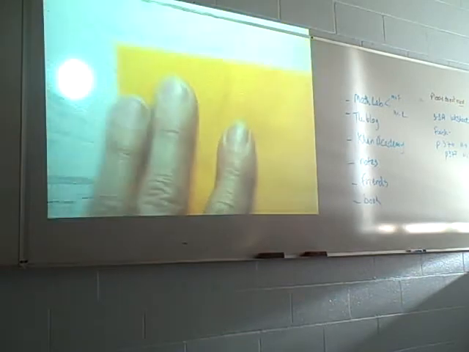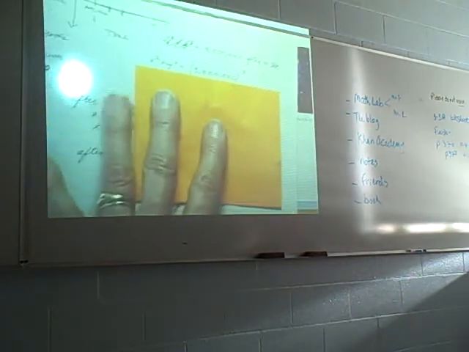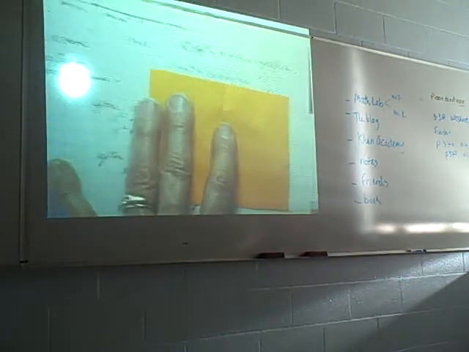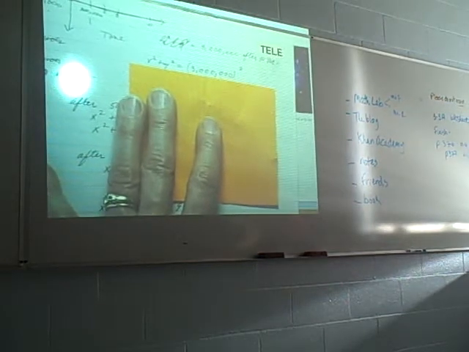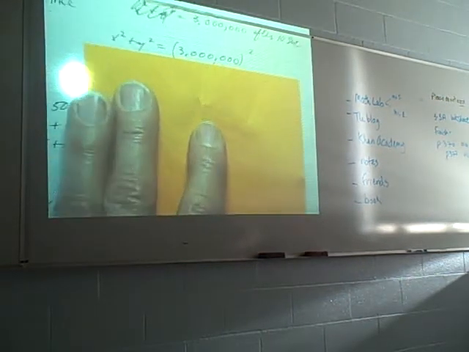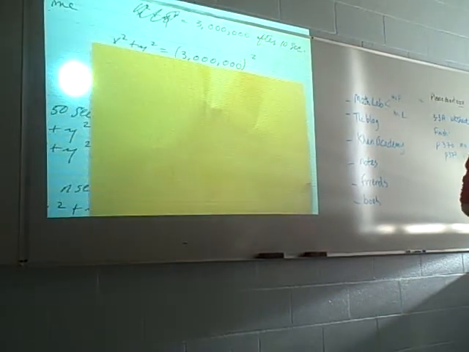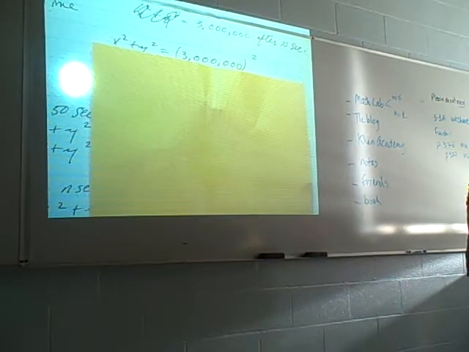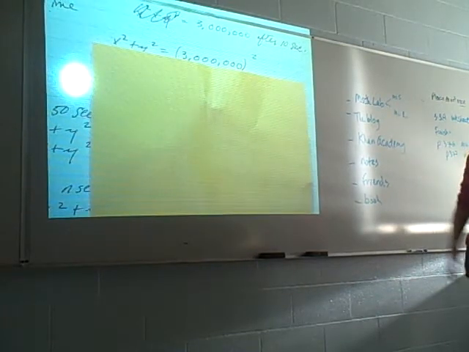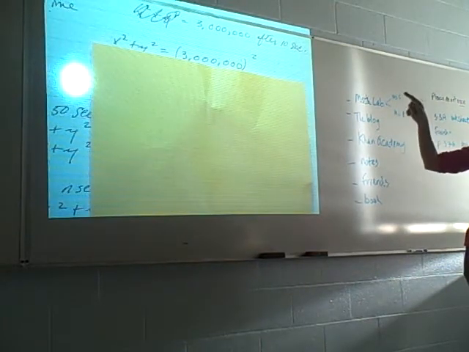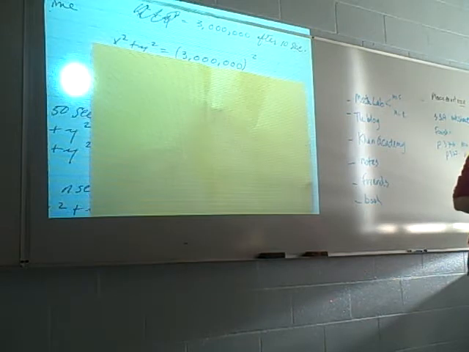And I'm going to zoom out. Everybody good that that's what the equation should look like, because that's our radius? How do you write 3 million in scientific notation?